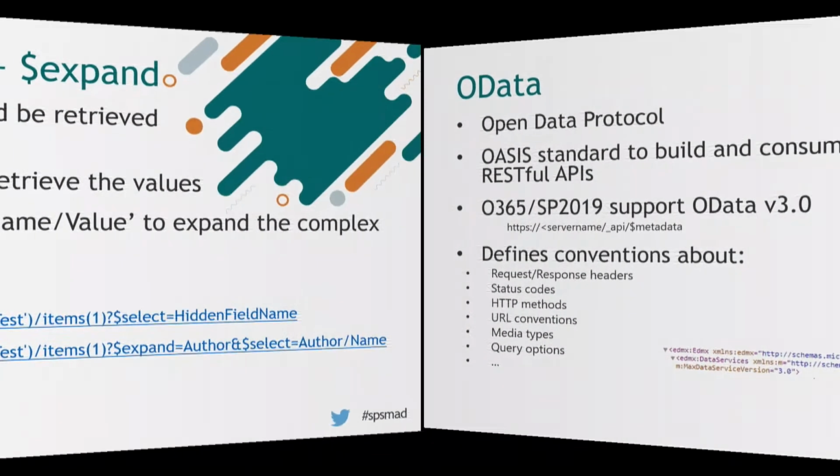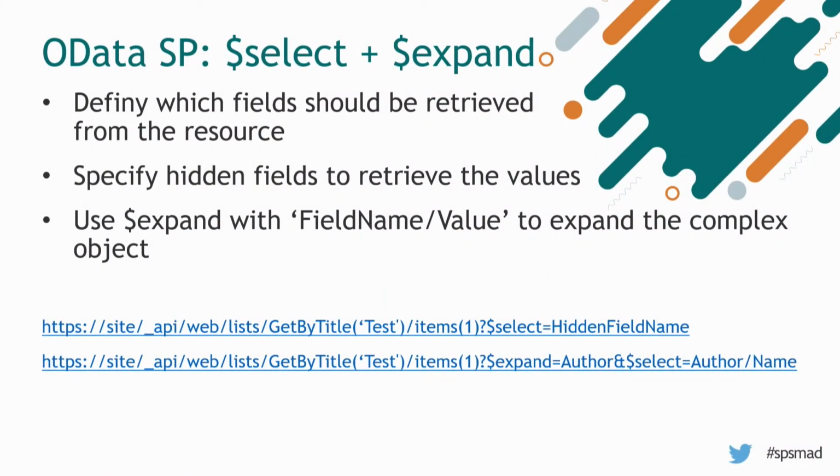OK, but what does it mean, this OData thing? In fact, it provides us pretty powerful properties that we can use in our REST queries to select, filter, or modify our data. So let's start with these first two properties, select and expand. What does it mean?